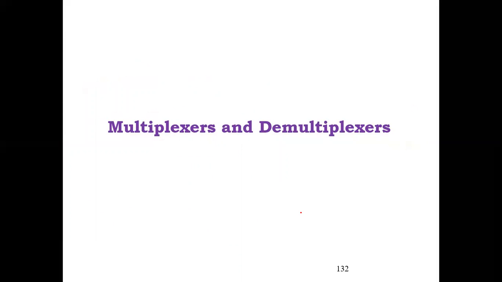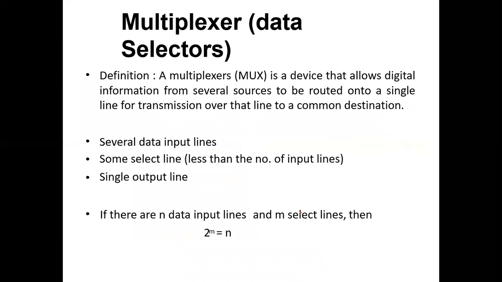So next, the advantage of multiplexer and demultiplexer, which are the next combinational circuits. Multiplexer: it is a definition.